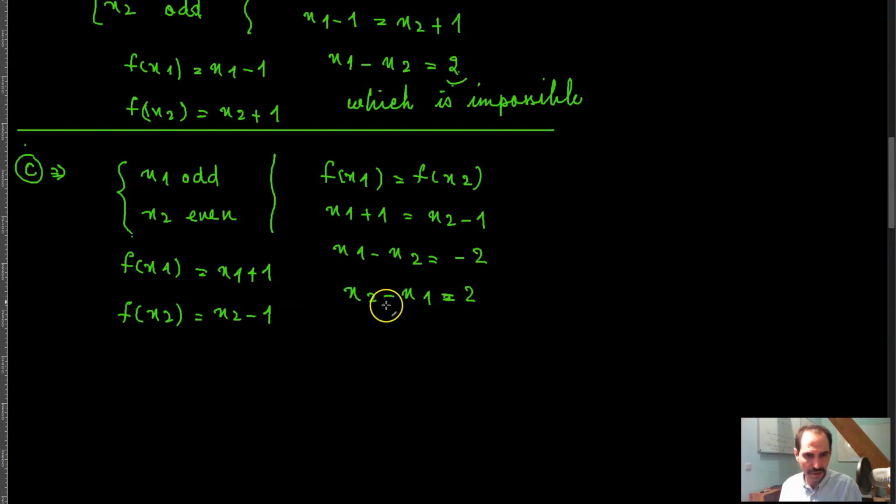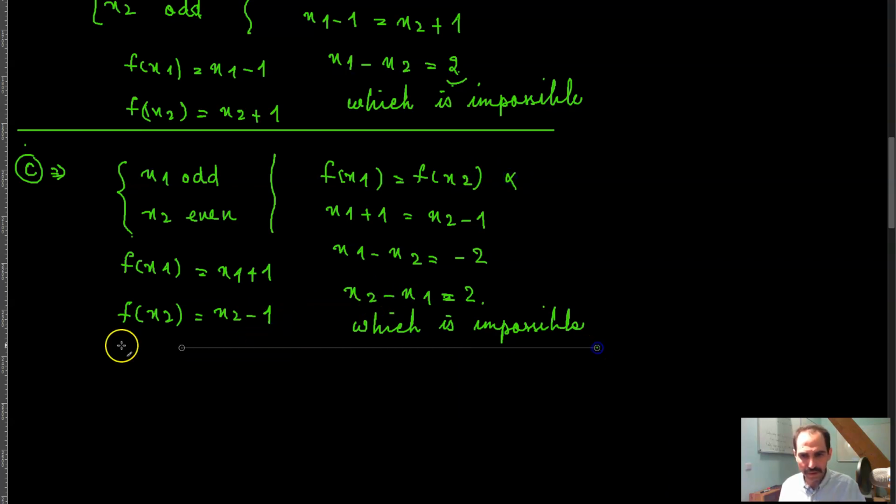Again, over here you have an even number and you're subtracting an odd number from that, and you're getting an even number, like the previous case. So this is also impossible. Which means that if x1 is odd and x2 is even, you cannot make this assumption.